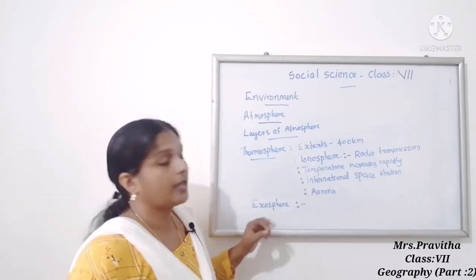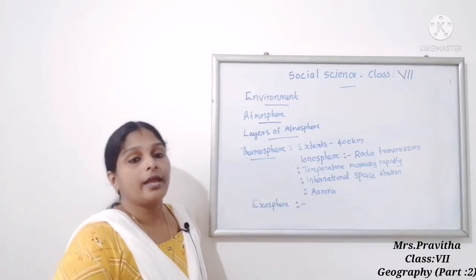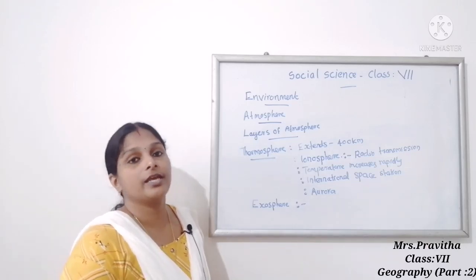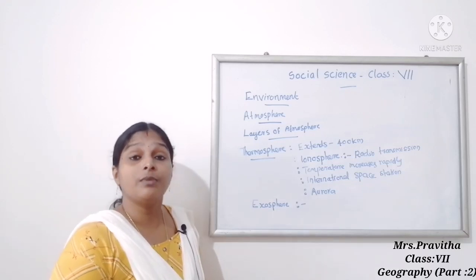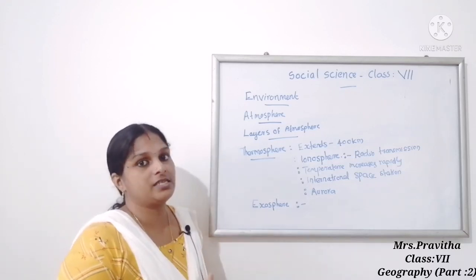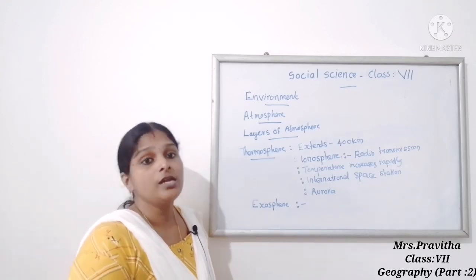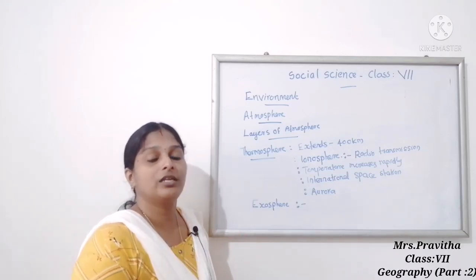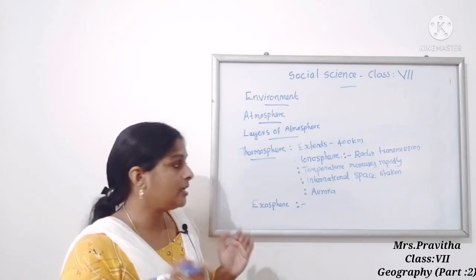Above the thermosphere, the next layer is exosphere. Exosphere is the uppermost layer of the atmosphere, and it is mainly merged into space. It is composed of two important gases, hydrogen and helium.